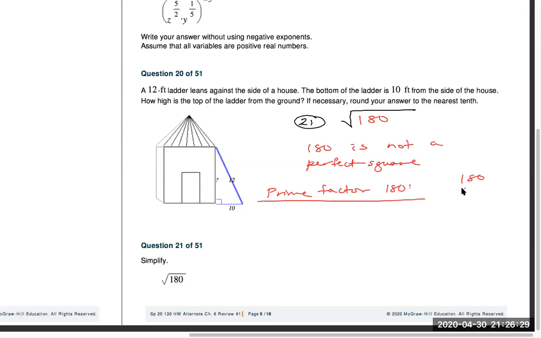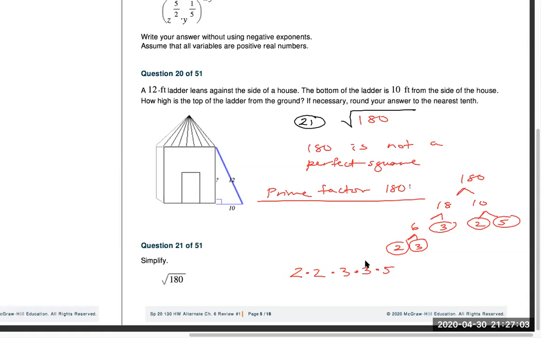So 180 is 18 times 10. 18 is 6 times 3. 6 is 2 times 3. Prime, prime, prime. And then over here for 10, we have 2 times 5. So 180 is actually 2 times 2 times 3 times 3 times 5.